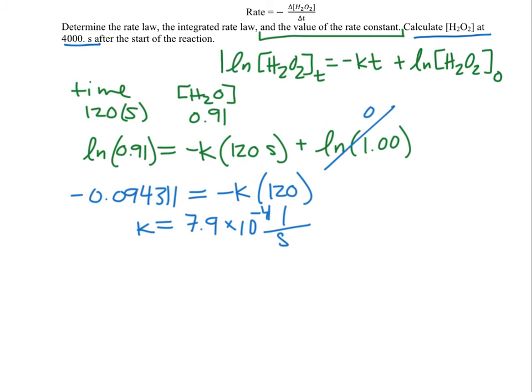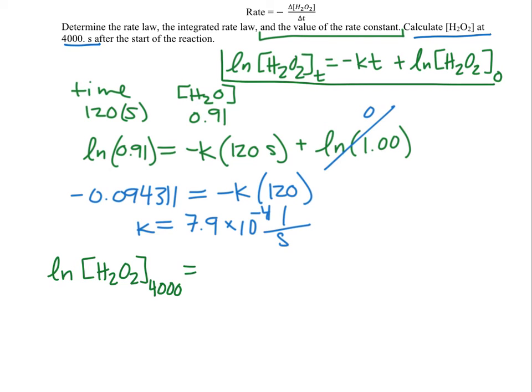We'll use our integrated rate law again and say the natural log of our mystery concentration at time 4,000 seconds is equal to the negative of 7.9 times 10 to the negative 4 times 4,000 seconds, plus the natural log of 1, which cancels out.